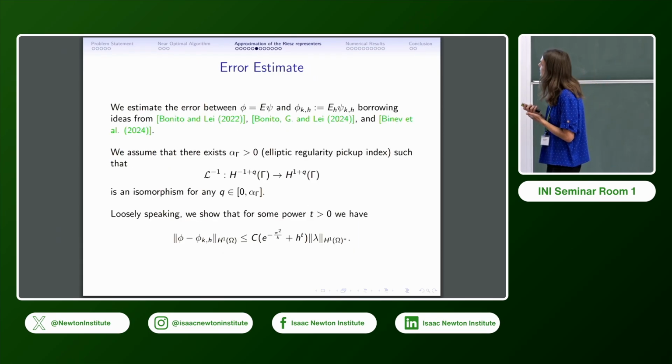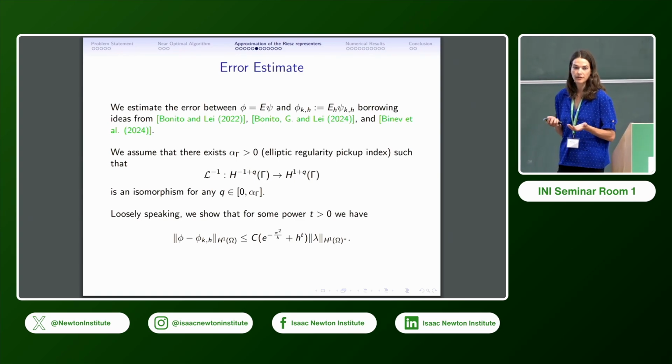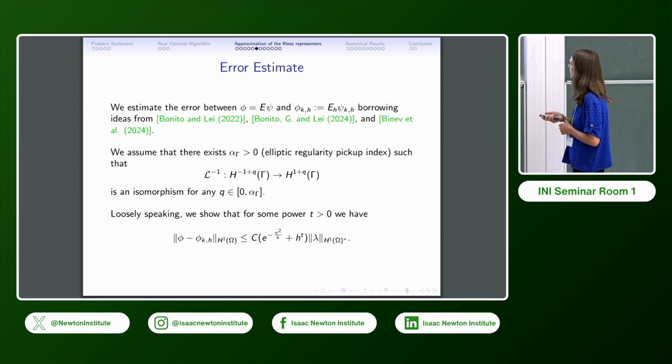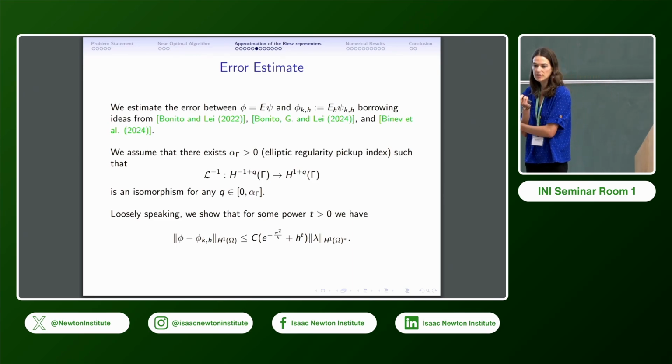Okay, so one of the things that I would like to do now is to get an error estimation between the Ritz representer and its finite element approximation using also the sinc quadrature. So one thing that will enter into the picture will be this so-called elliptic regularity pickup index.